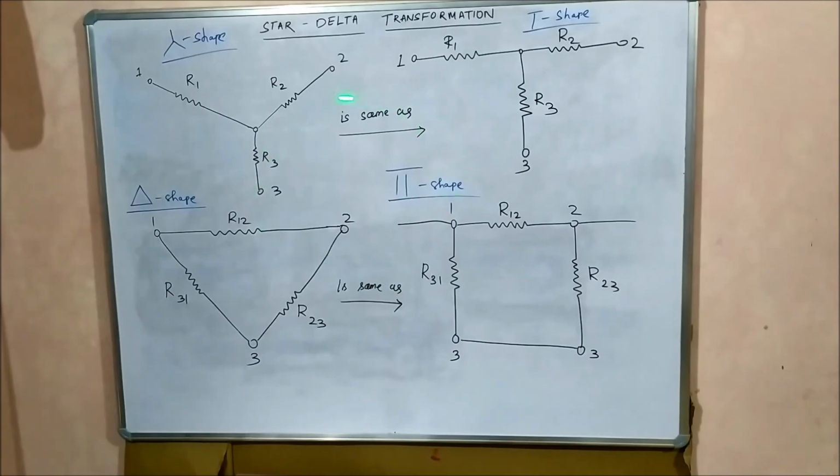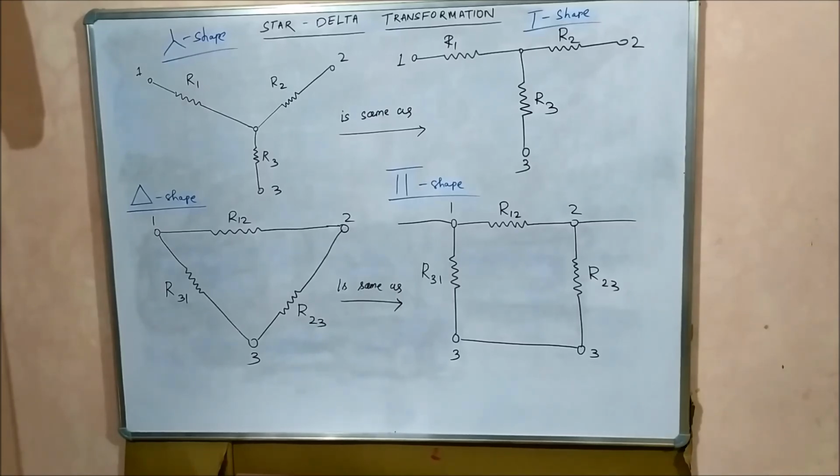Here we have discussed star to delta and delta to star conversion using the various formulas, and I've also given you some tricks to quickly calculate the various resistance values. We also discussed the similarity between the star shape and the T shape, and the delta shape and the pi shape.